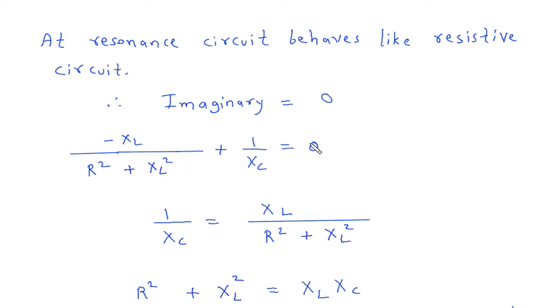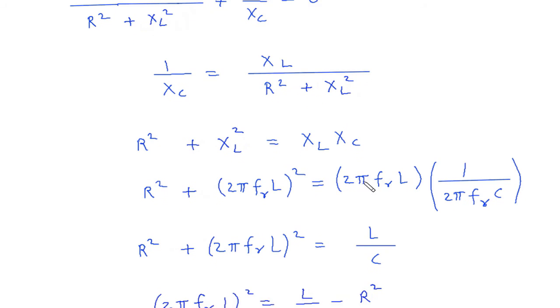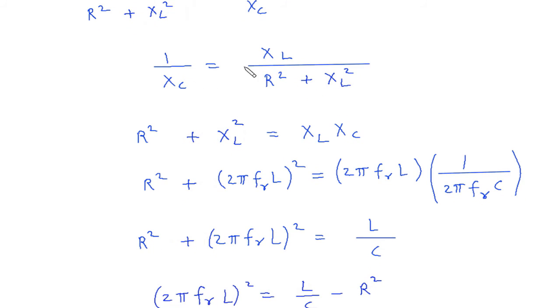Now if we simplify this, it will be 1/XC, and this part will go to the right side, so this will be XL/(R² + XL²). Then if this goes to the left side, R² + XL² = XL × XC.